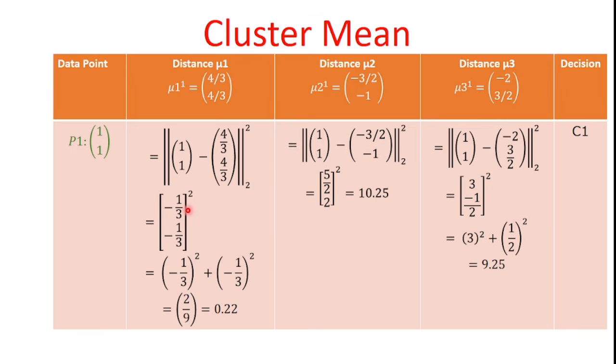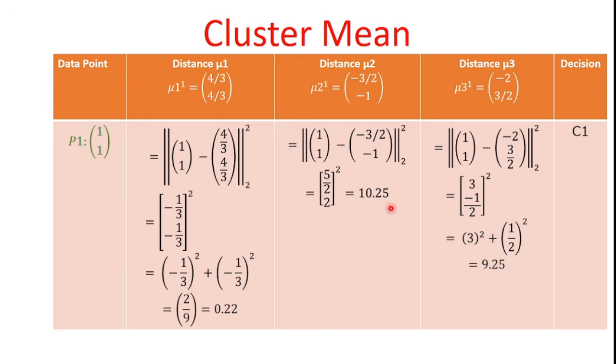Now we can calculate the distance, the cluster mean distance. Our first data point P1 of (1, 1) with mu1 dash of 4 by 3, you will get the same answer, 0.22. And for the second mean mu2 dash, minus 3 by 2 and minus 1, you will get something like 10.25 by the Euclidean norm method. And for mu3 dash, you will get 9.25.